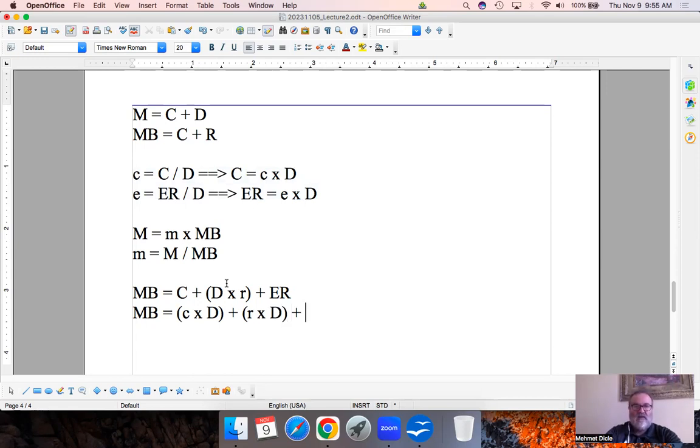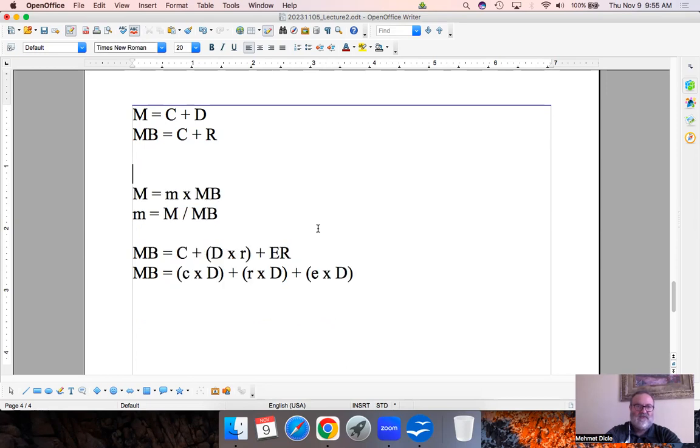And then the excess reserve is the excess reserve ratio times the deposits, right? I just simply substituted these into the monetary base equation.